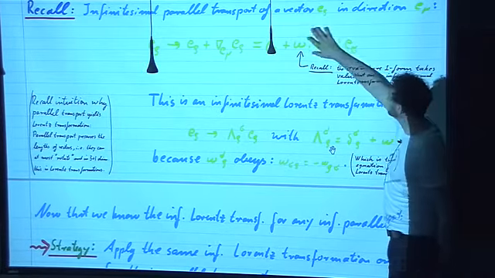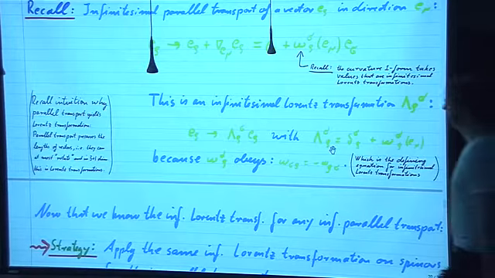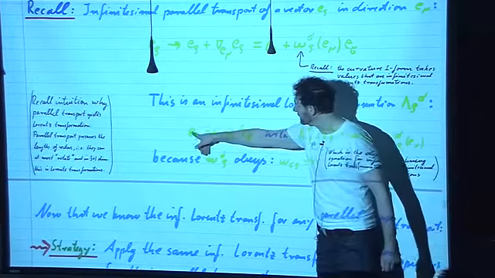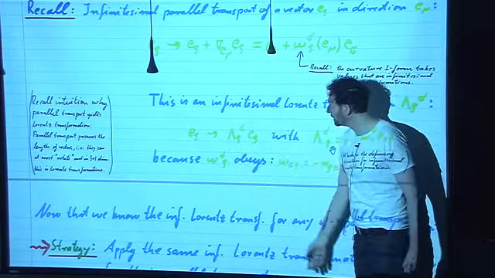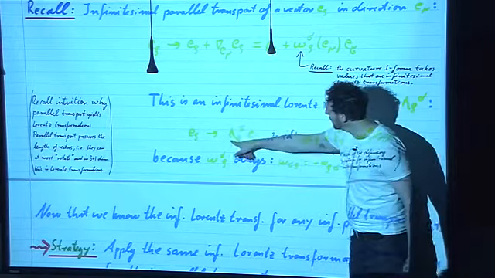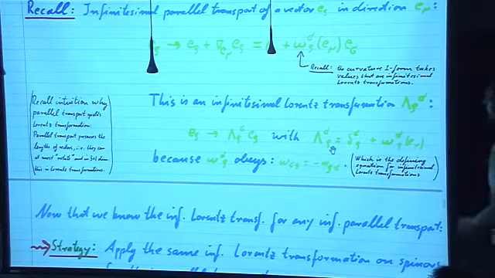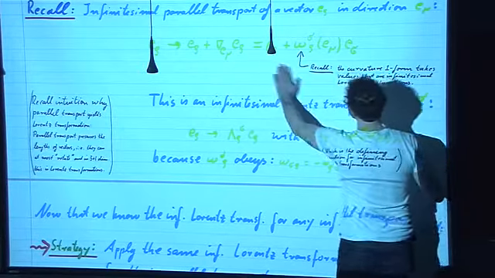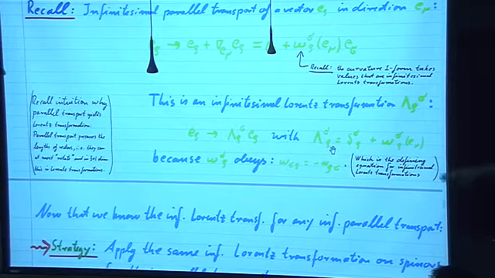So this is an infinitesimal Lorentz transformation. We can also write it in this way, that our vector E rho, the original vector E rho, under infinitesimal parallel transport, goes into this infinitesimal Lorentz transformation acting on E rho, which is identity plus this infinitesimal generator of the infinitesimal Lorentz transformation.